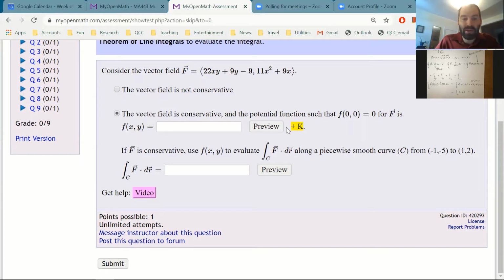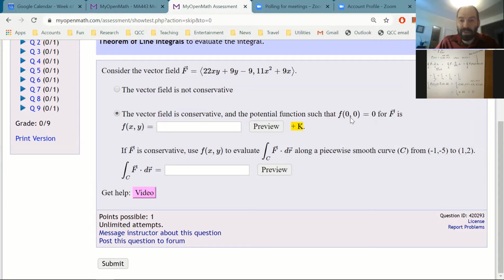So what they want you to do is, I mean, there's an infinite number of answers you could put here if they didn't specify this condition right here, all right? So there's an infinite number of potential functions that would work, but they want you to find the one potential function, the only one that satisfies this condition, f of 0, 0 equals 0.